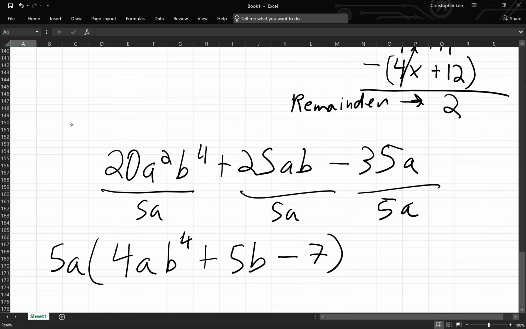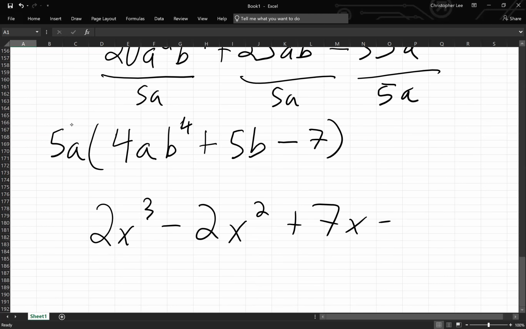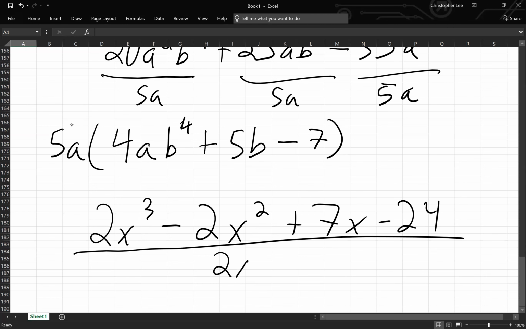Any other questions? 2x cubed minus 2x squared plus 7x minus 24, all of it divided by 2x squared plus 5.